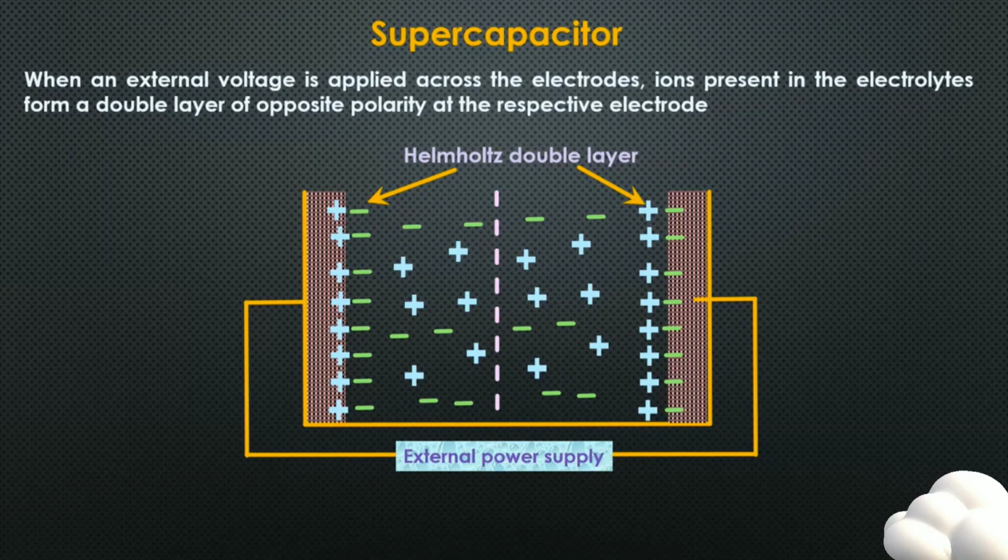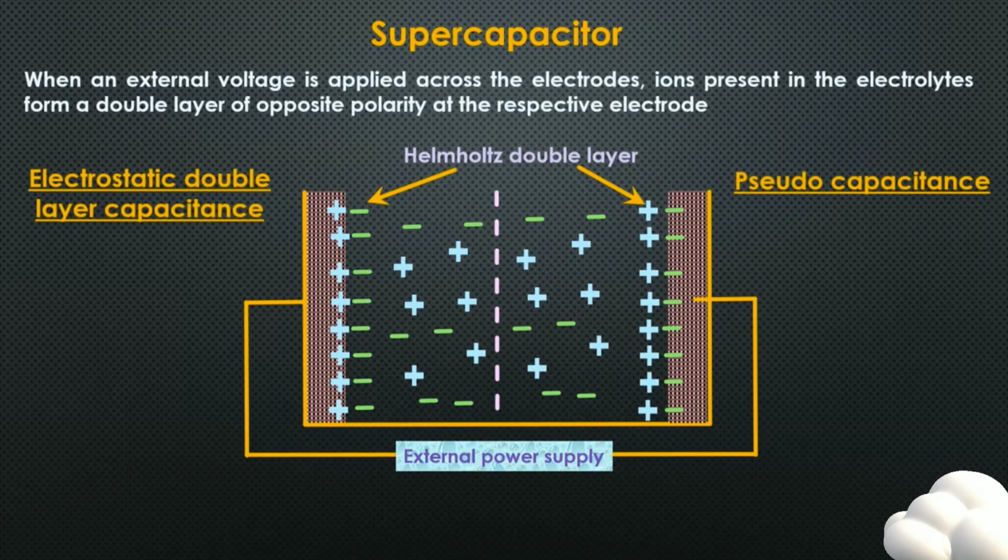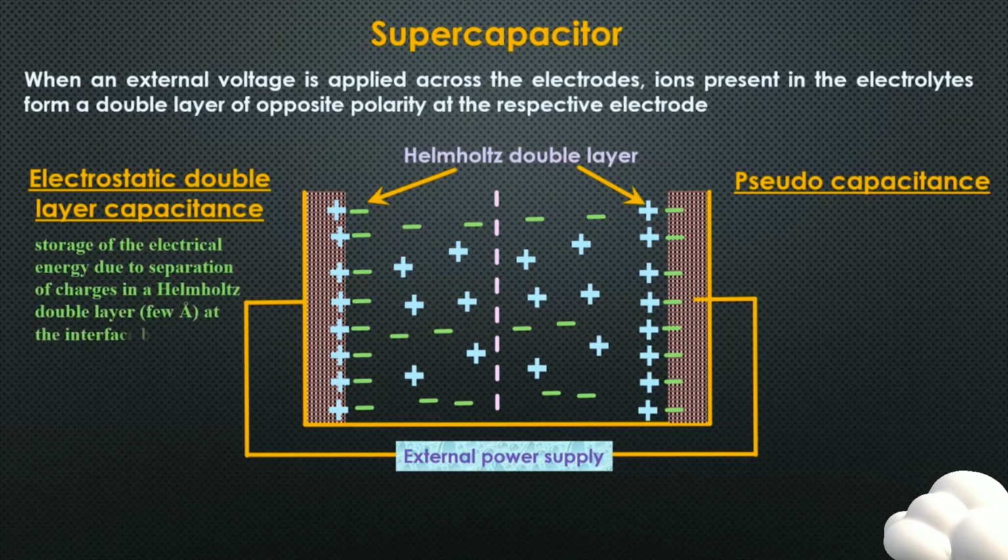As we said, that is why the supercapacitor can also be used as a battery. Now there are two types of capacitance: electrostatic double layer capacitance and pseudo capacitance. The electrostatic double layer capacitance is storage of electric energy due to the separation of charge in a Helmholtz double layer at the interface between the electrode surface and an electrolyte solution.